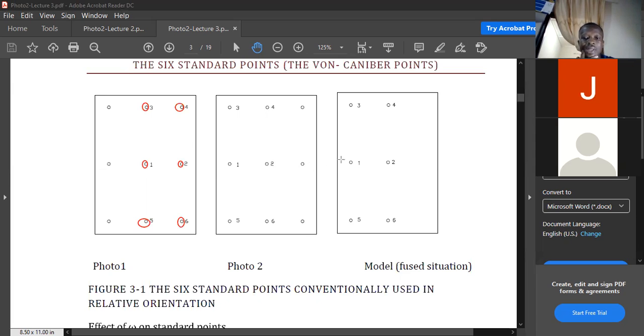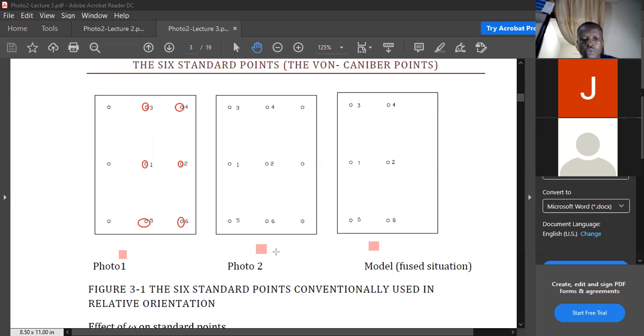Now the left photograph is photo 1, which is this one, and the right photograph is this one. This is the actual model.